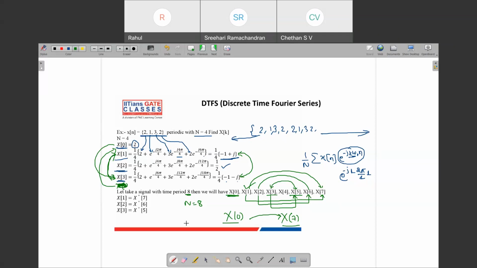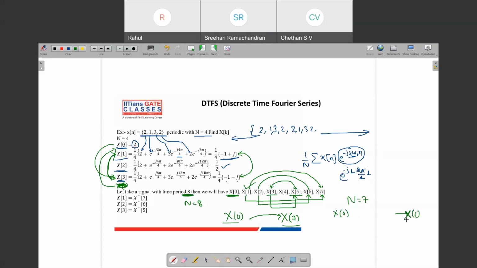Okay, so this is the case when you have a time period equal to an even number. Let me take a case when the time period is an odd number. So let me take the case of N equal to 7. In that case, we will be calculating it from x of 0 to x of 6.